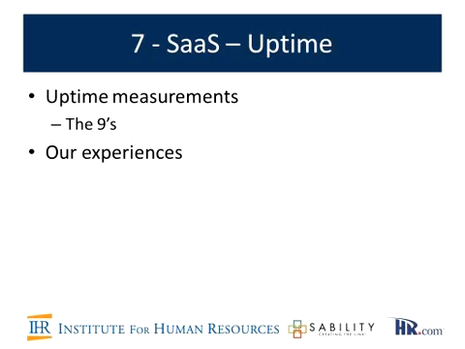Uptime. So the first thing I have here is uptime measurements. You always want to ask the vendor for statistics on their uptime. Often you'll hear people talk about the 9s. And this is when dealing with what's called a high availability model.